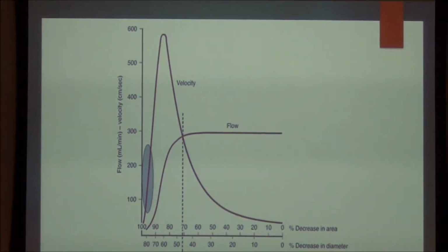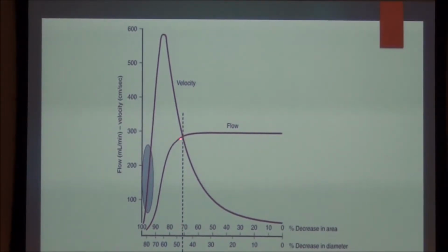And this graph shows the level of decrease in area and the flow related to the level of stenosis. So as you see, when you decrease the diameter of the vessel by compression or narrowing, the flow will not change until you reach less than 70%.